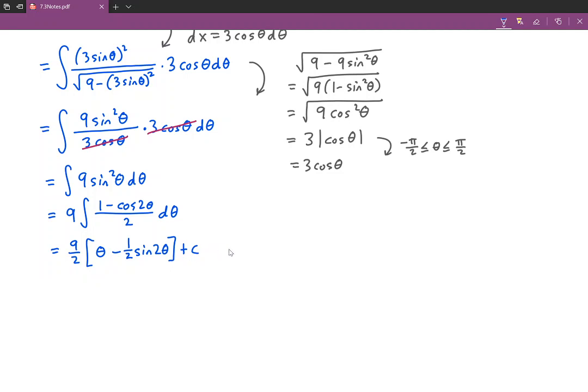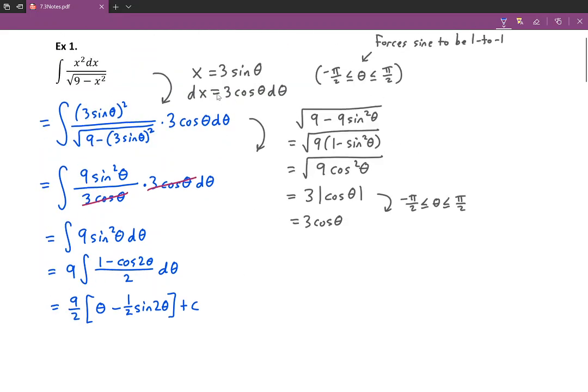Alright, so now we have our antiderivative in terms of theta, but what we want to do is go back up to x, the original variable that we started out with. And there's a bit of a problem. We can definitely solve x equals 3 sine theta for theta, and we'll do that in a moment.